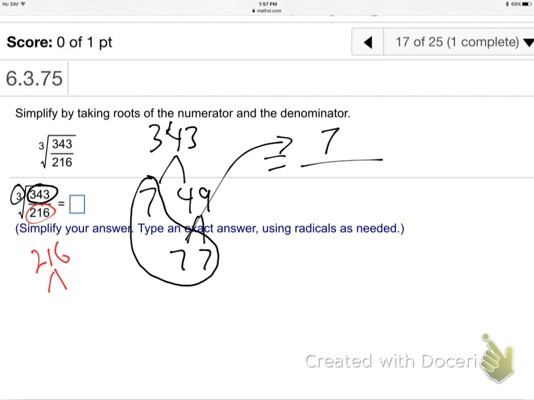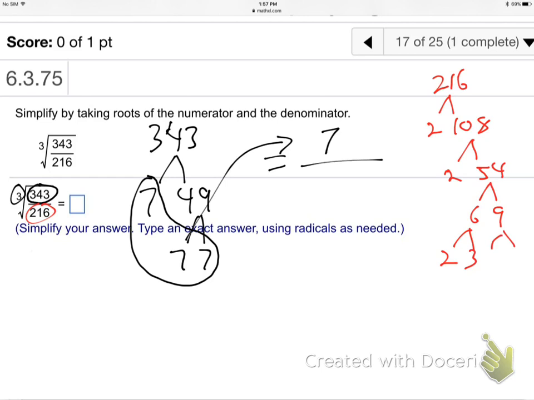Now I know 2 goes into that. 2 times 108. I'm going to need some more room over here. So it's going to break down a lot. 216. 2 times 108. 2 times 54. 6 times 9. 2 times 3. 3 times 3. So there's the breakdown of that 216. Look what we got here. 3 2s and 3 3s.